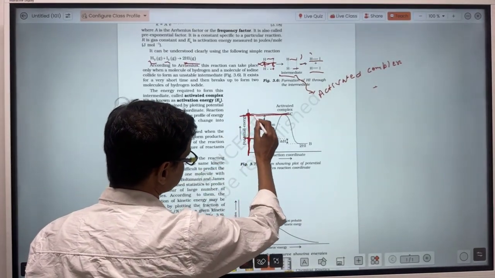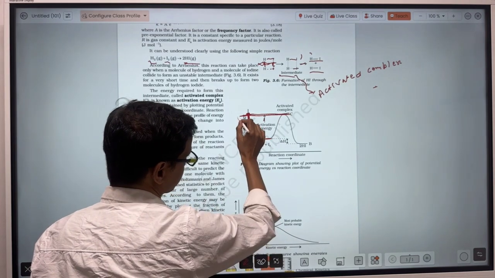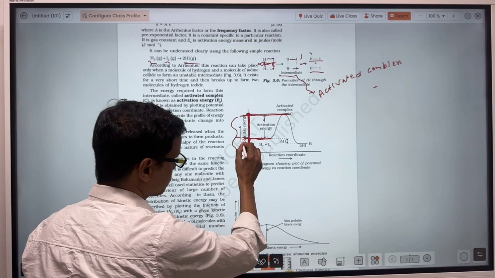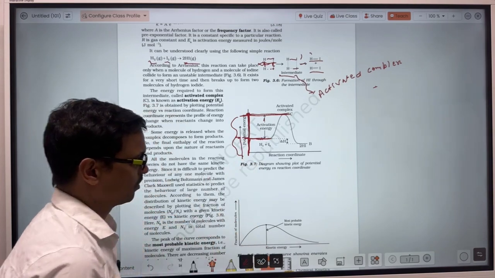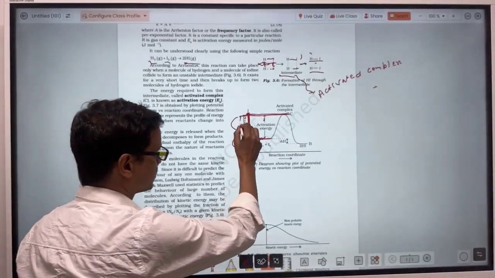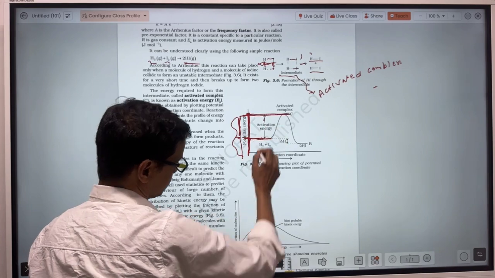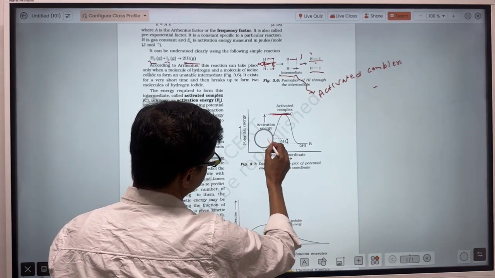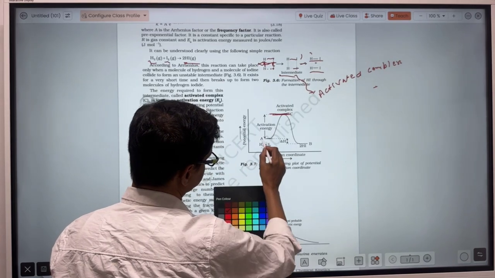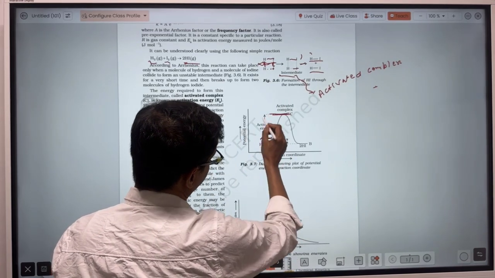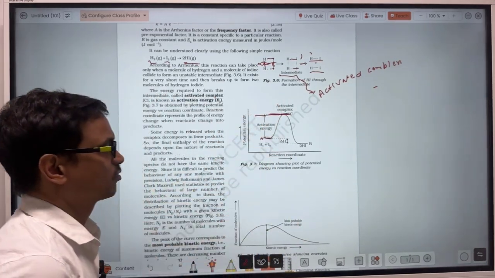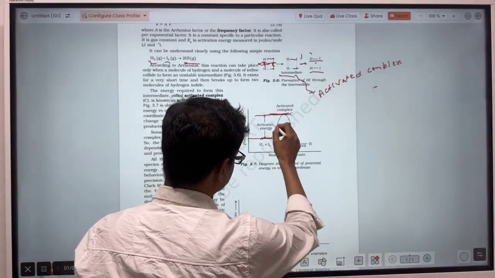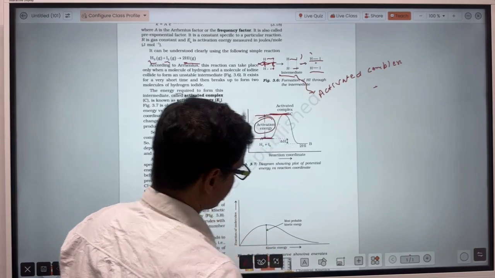That difference, the total energy of the activated complex minus the energy of the reactant, is the activation energy.